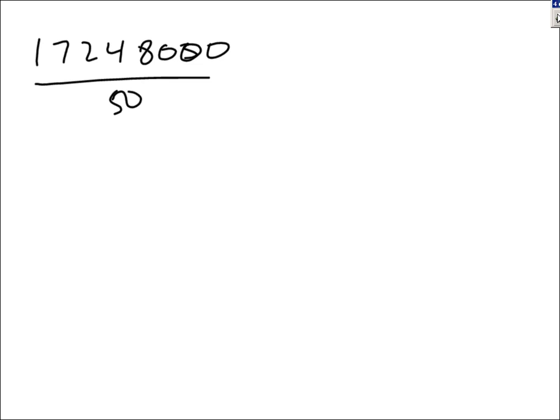Somebody asks you to do 17,248,000, right, triple 0. You want to divide by 50. What I would do is I'd multiply by 1. That's 2 over 2. Because I know that 50 times 2 is 100.